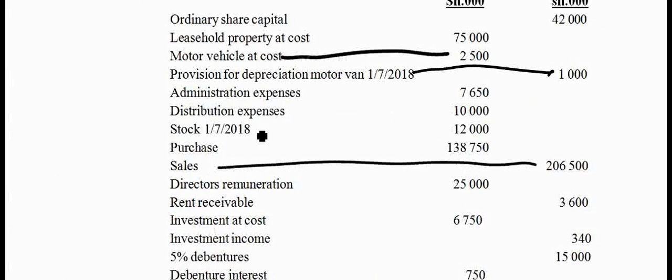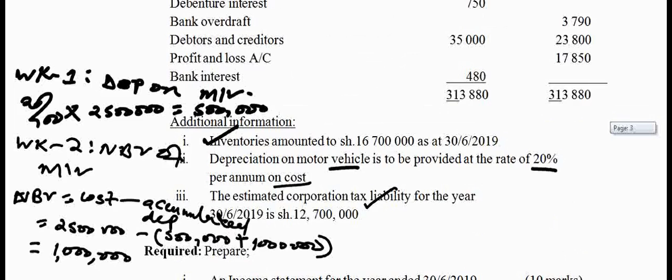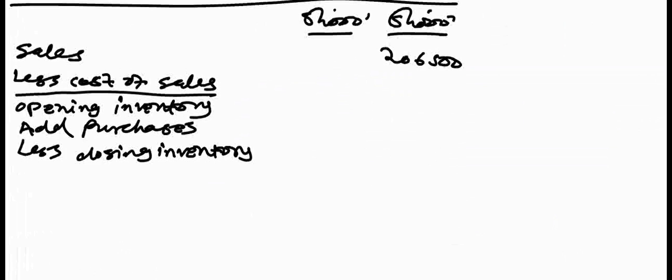Opening inventory, that is stock as at 1st July 2018, is 12,000. Then purchases was 138,750. So 12,000 and 138,750, we can indicate those first. Then we say less closing inventory.